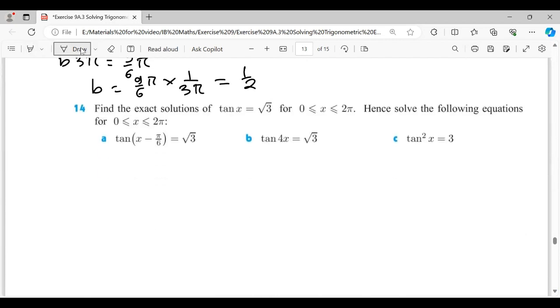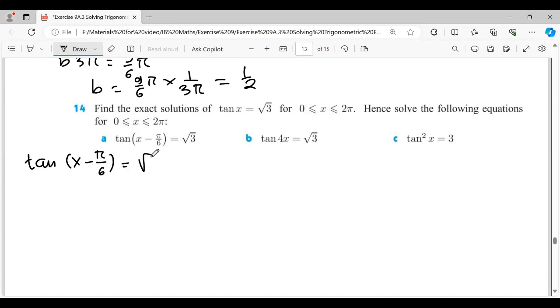Next, number 14. Find the exact solutions of tangent equals square root 3 for x in the interval 0 to 2 pi. Hence, solve the following equations for x from 0 to 2 pi. Okay. Tangent x minus pi over 6 equals square root 3.